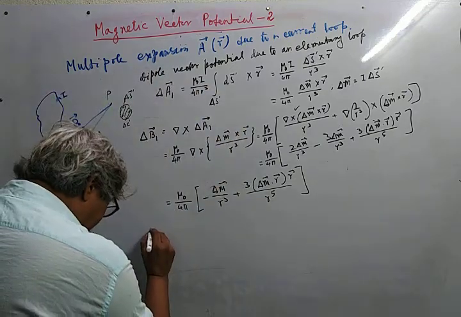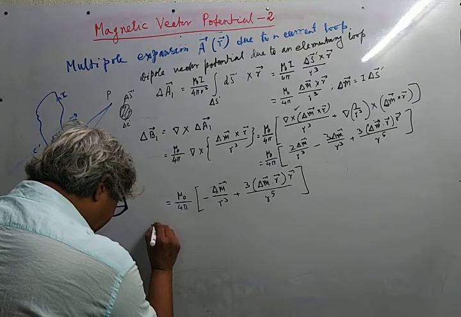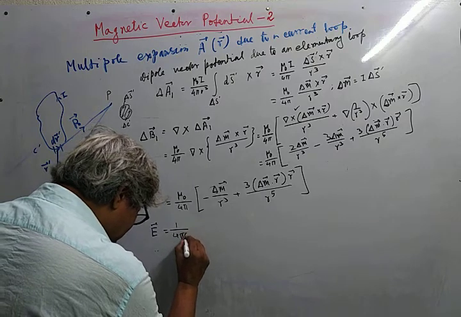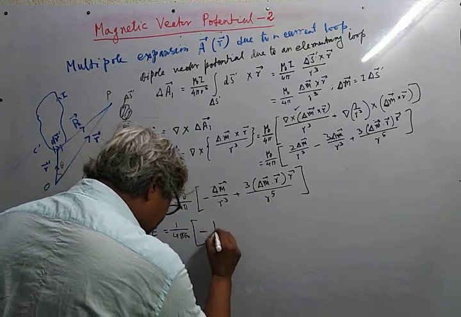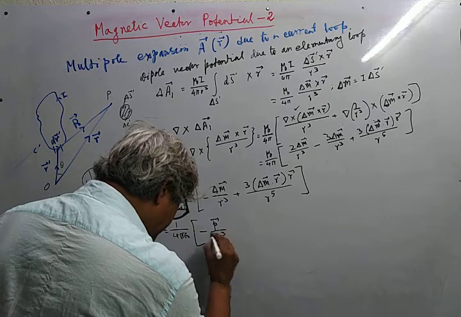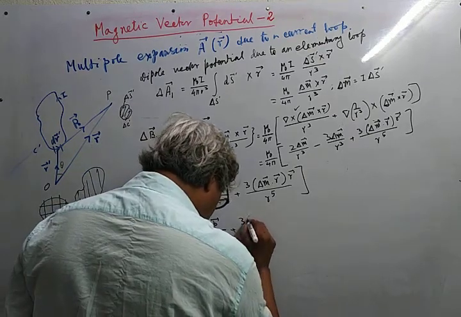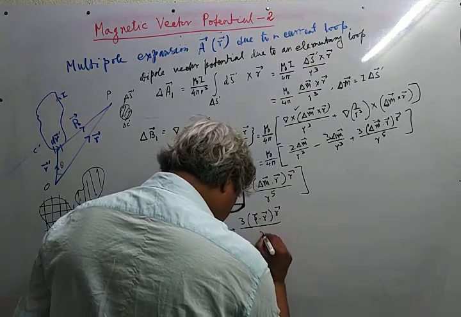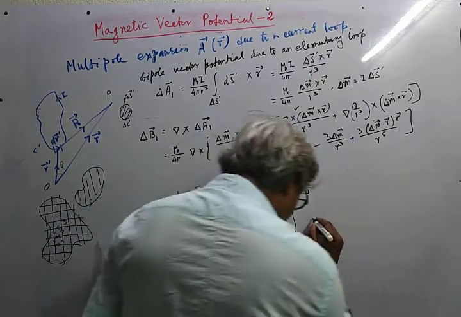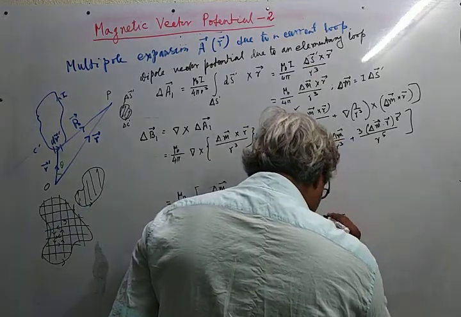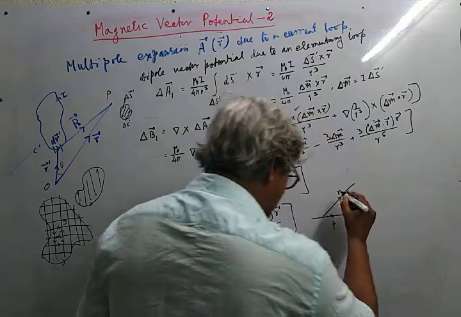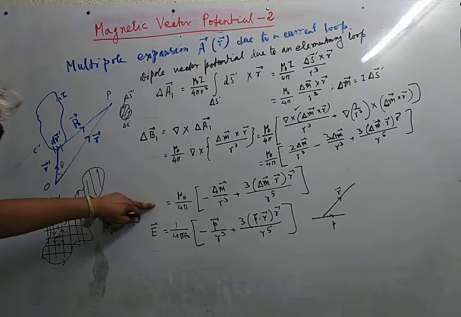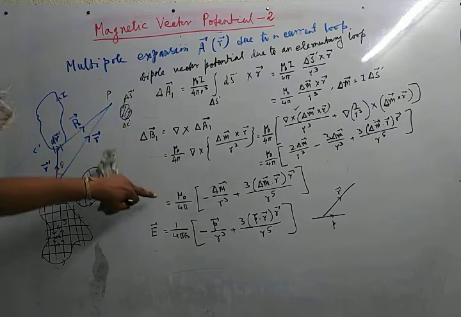Compare this with the electric field produced by a dipole of moment p at a distance r. So this is, let me first write. If we have a dipole of moment p, if we want to find out the field at a distance r from the center, it is the field, and this is the corresponding field due to the dipole contribution.